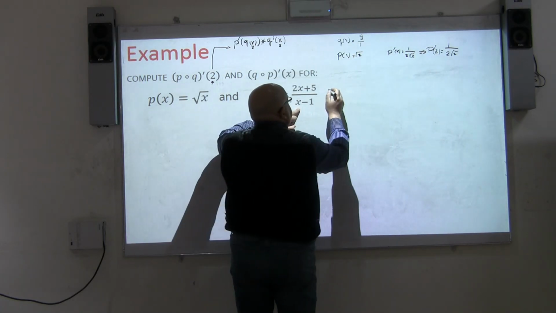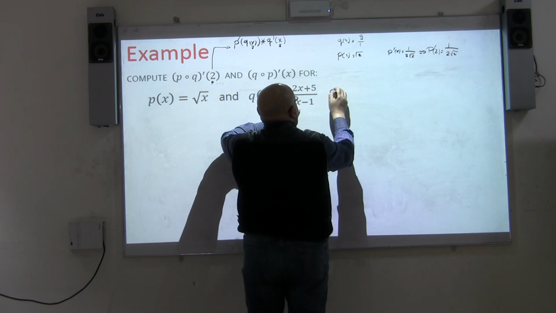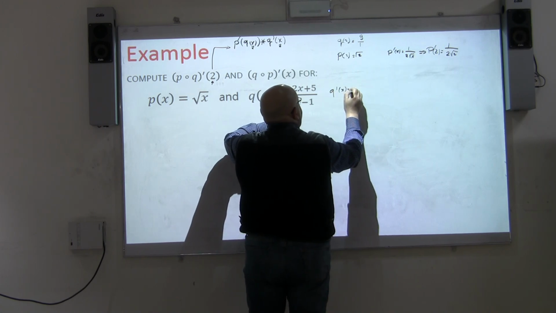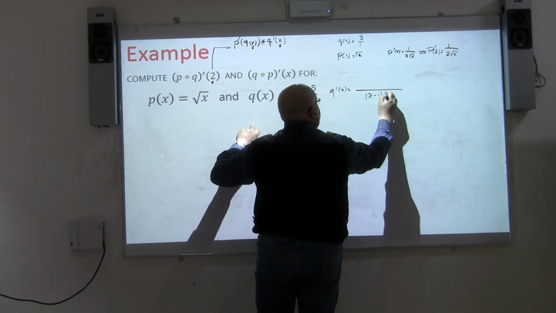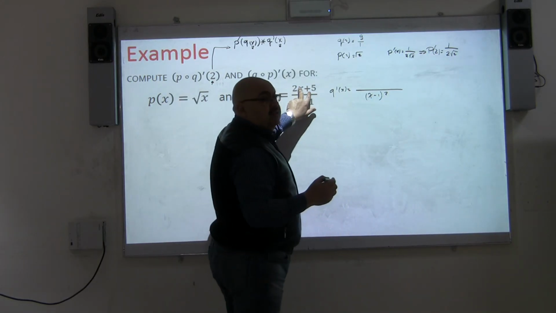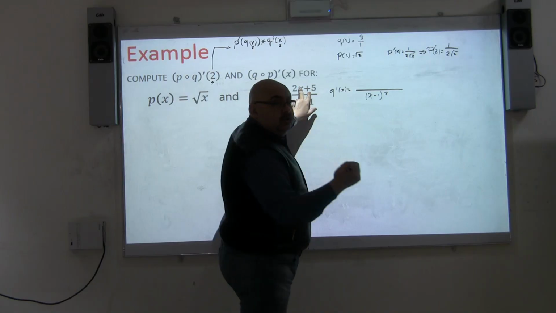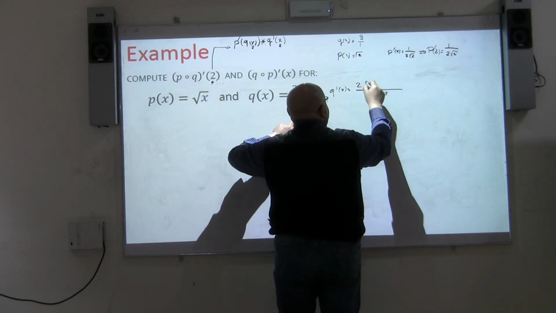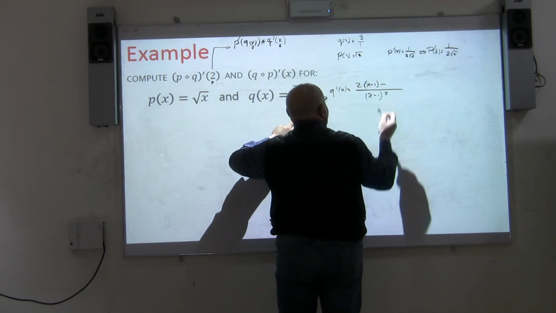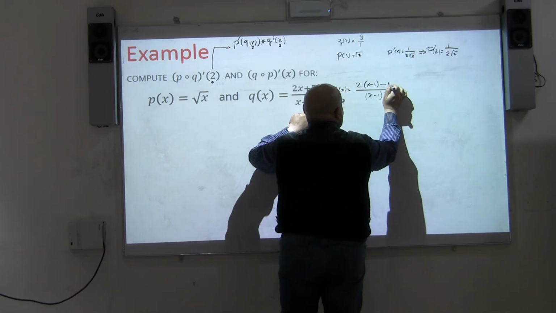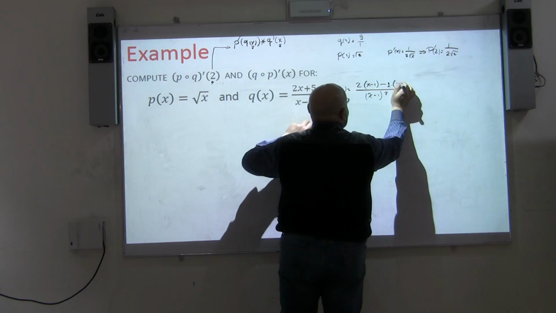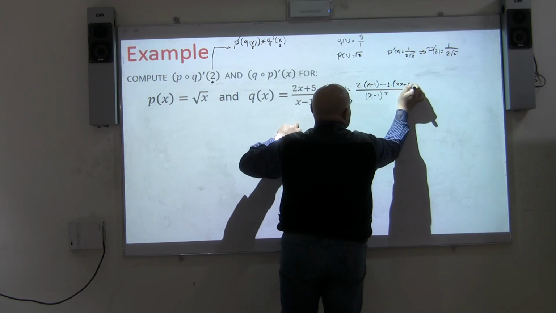So q dash of x equals the denominator squared, x minus 1 to the power of 2, in the denominator. In the numerator: differentiate the numerator, which is 2, times x minus 1, minus the derivative of the denominator, which is 1, times the numerator, 2x plus 5.